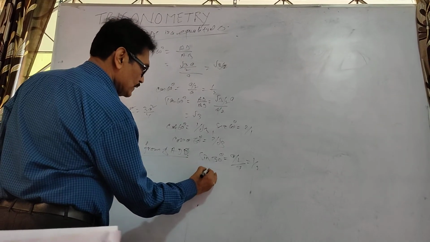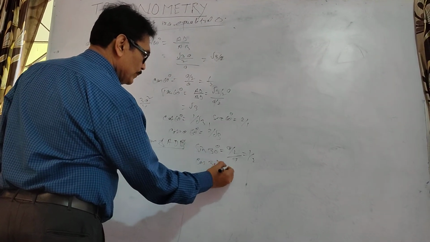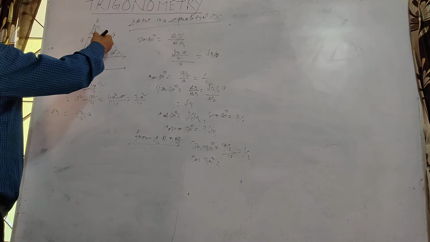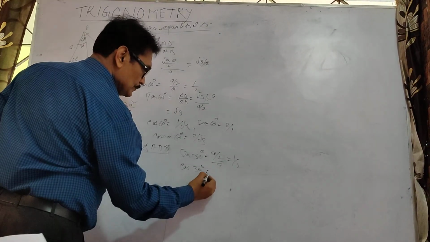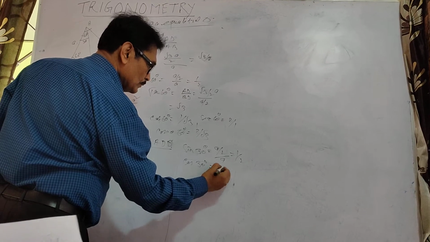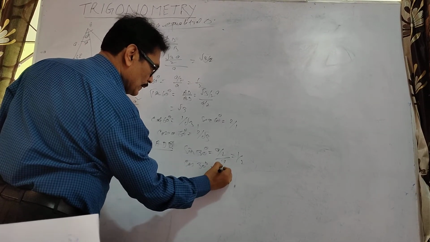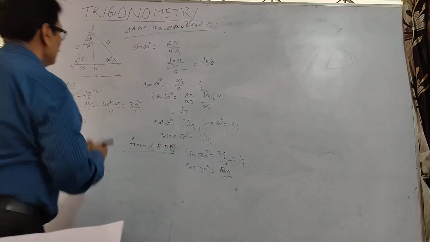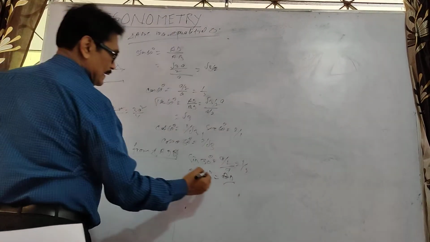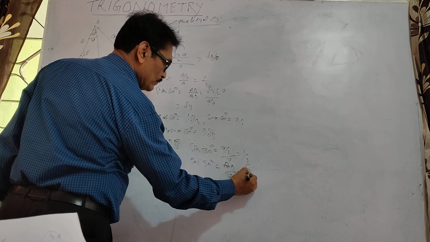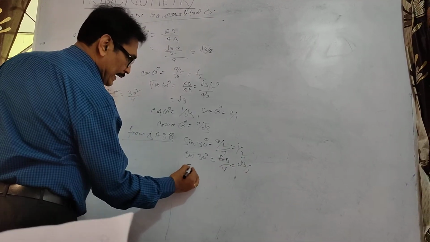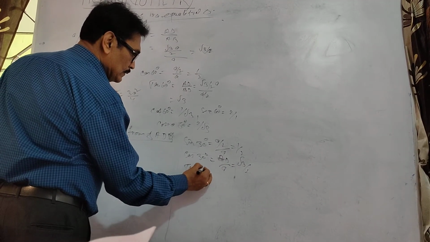Similarly, cos 30 degree becomes base upon hypotenuse. Here base is AD, AD upon hypotenuse A. So we can write root 3 by 2.